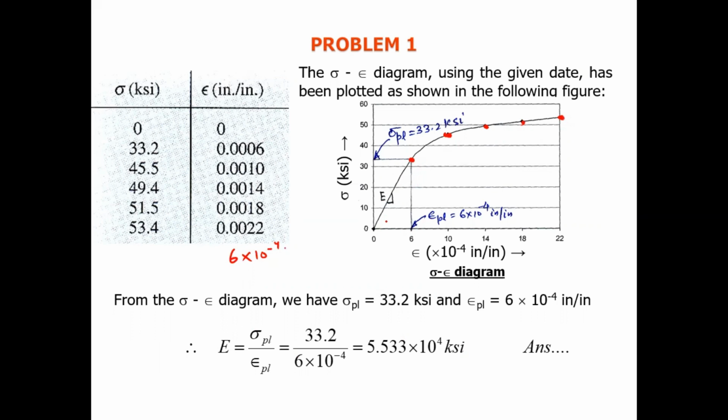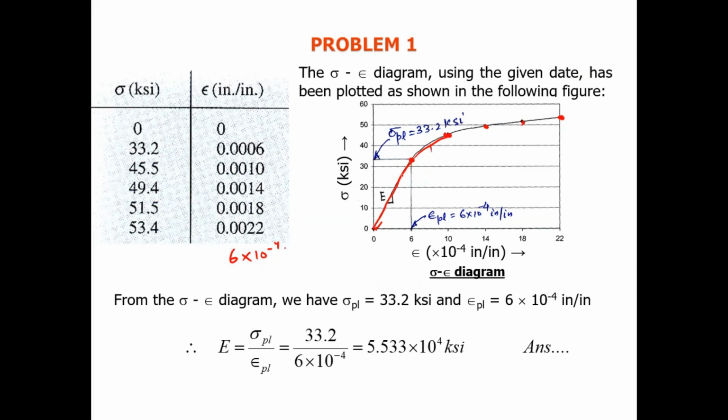What do we have to determine? We have to determine the modulus of elasticity. Here we see that the graph is linearly increasing up to this point. After this point, it starts making a curve. When we have the curve, the proportional limit finishes.